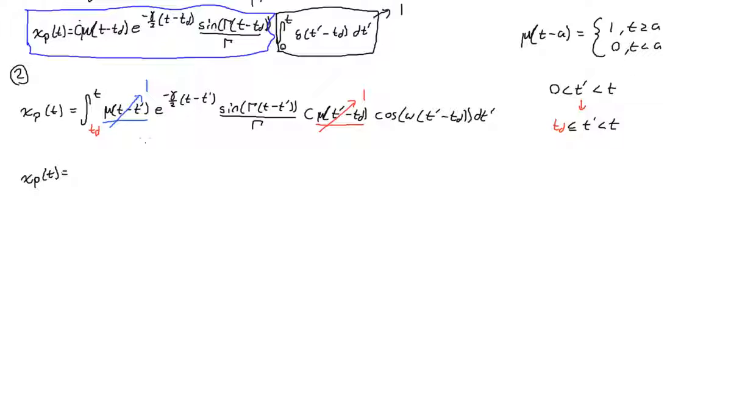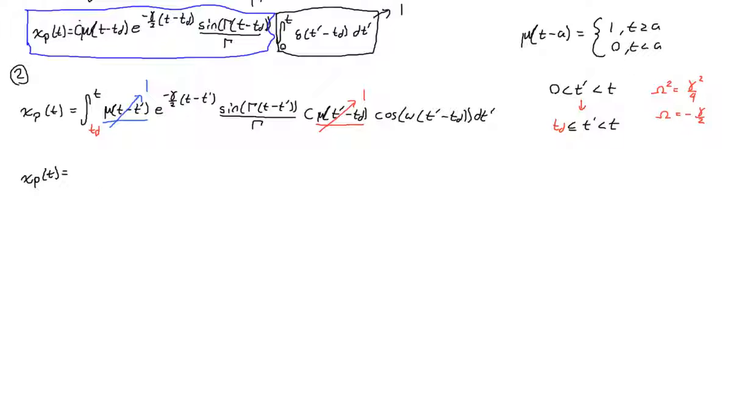is equal to, and I'm going to make a quick definition here. I'm going to let omega squared be equal to gamma squared over 4, and omega is going to be equal to negative gamma over 2. So that's what I'm working with here.